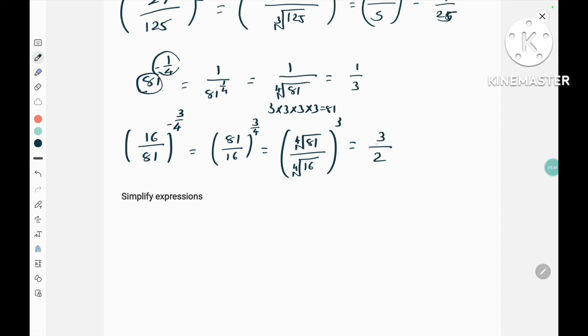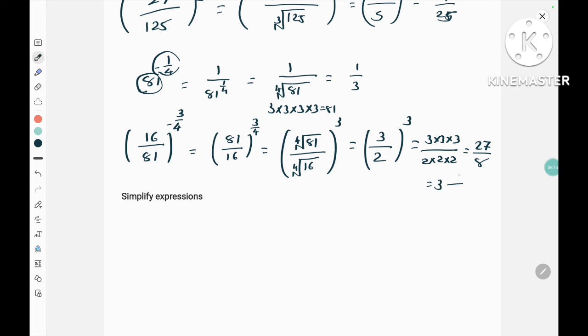So the answer is 3 over 2, to the power of 3. And if we get rid of this power 3, then 3 times 3 times 3 over 2 times 2 times 2, and that is going to be 27 over 8. This is an improper fraction, so we can write it as a mixed number.